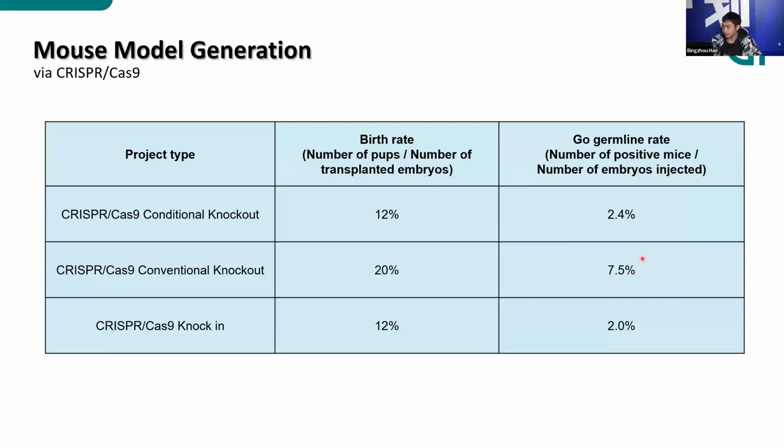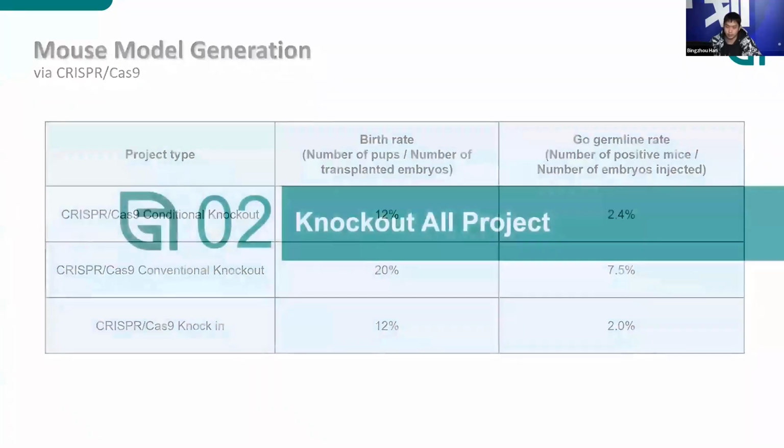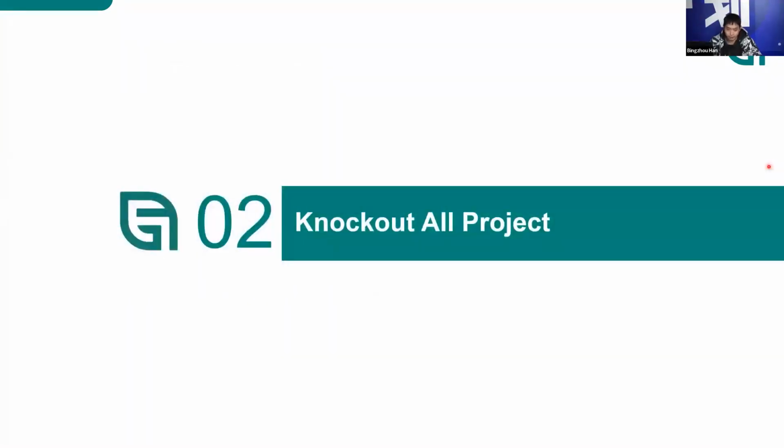So if we inject 100 embryos, we can guarantee in most cases that we will get positive founder mice with germline transmission into the F1, which signals the establishment of a stable inherited strain and the success of the project.